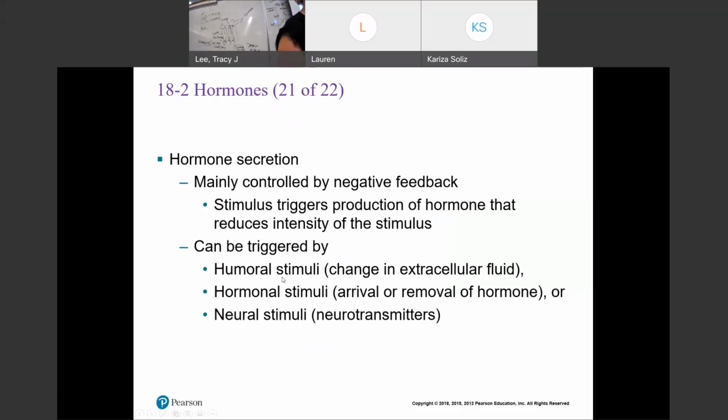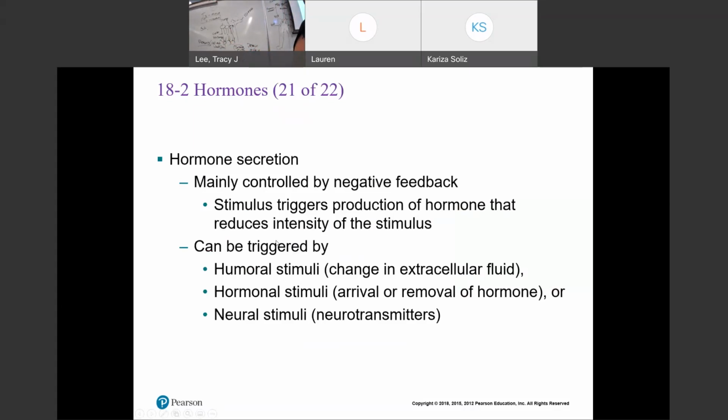What can cause hormone secretions? It can be humoral stimuli. What is humoral? The humors of our body are basically the fluids, the bloods, the fluids in our body. Hormonal stimuli: we can have a hormone arrive that says, secrete this hormone. We saw that with thyroid stimulating hormone, which talks to the thyroid and says, thyroid, secrete hormone.